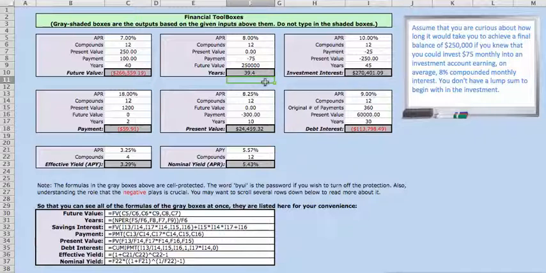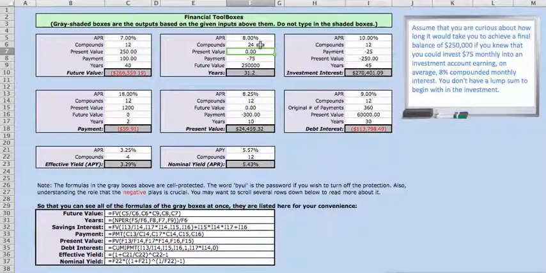Now, something I didn't mention in the first calculator with future value is it's vital to understand that the number of compounds in Microsoft Excel must always match the number of payments you make. So notice if I come up here into the 12 compounds and put in a 24, you'll see the number of years drop down, which makes sense because that would imply that not only are you compounding bi-monthly, you're also making a $75 payment bi-monthly.